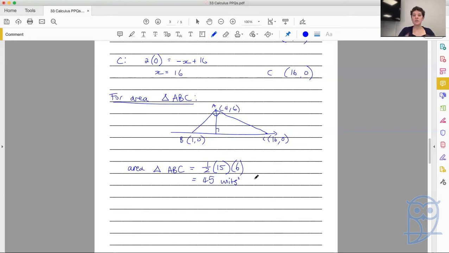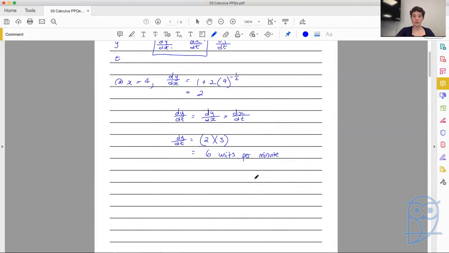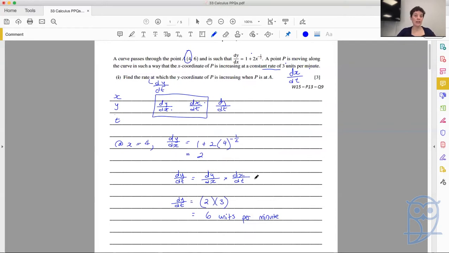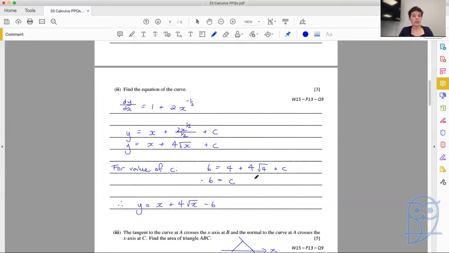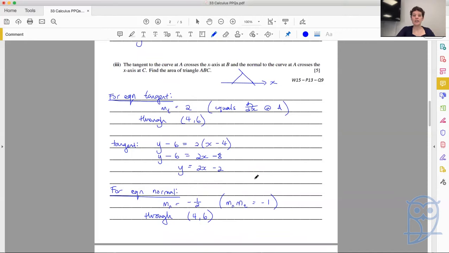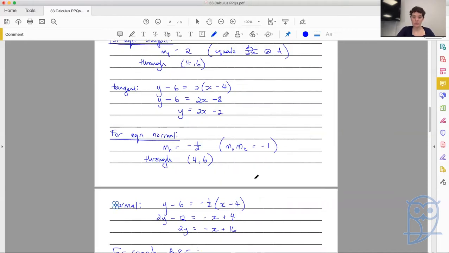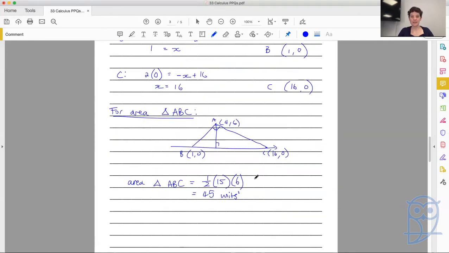So we've dealt with a few things in this question. We've dealt with the chain rule and understanding how all the rates are connected. We've dealt with a relatively plain and simple integration. And then a real understanding of gradient for tangents and for normals. And then at the very end, it's that stop and think.